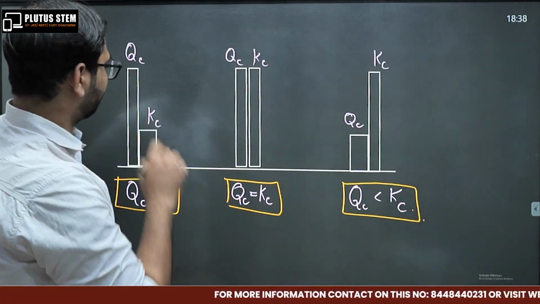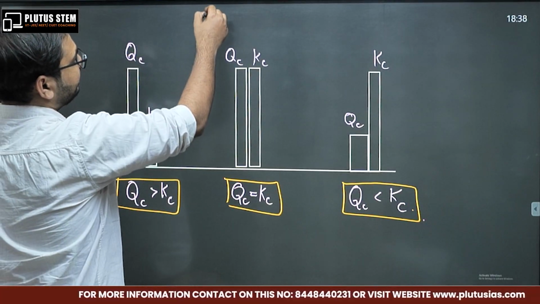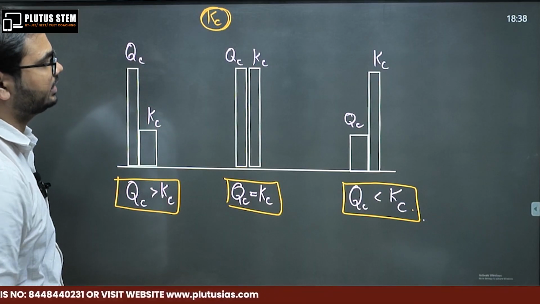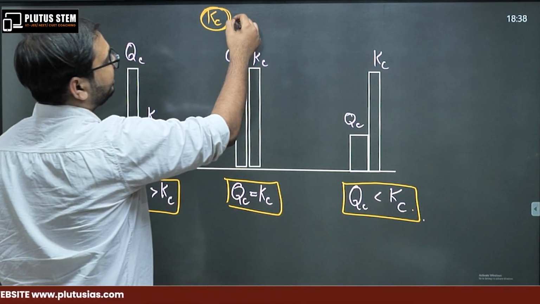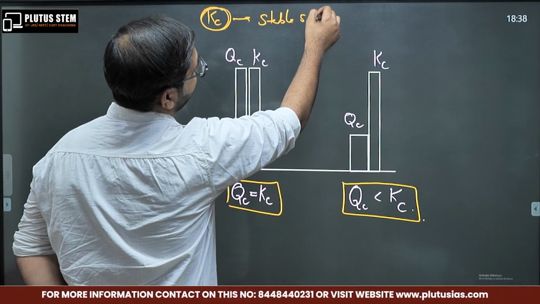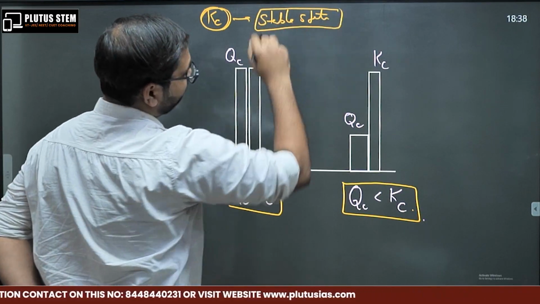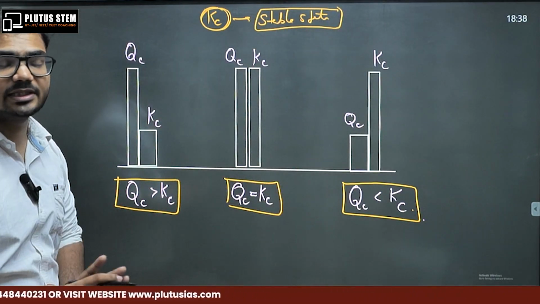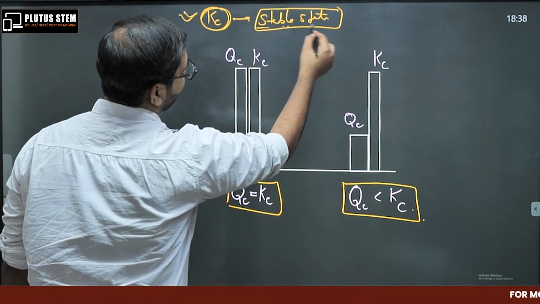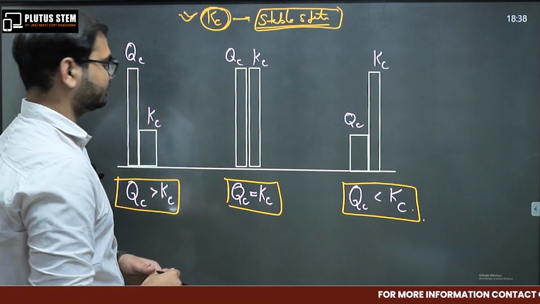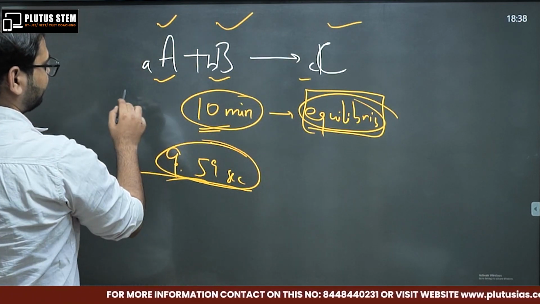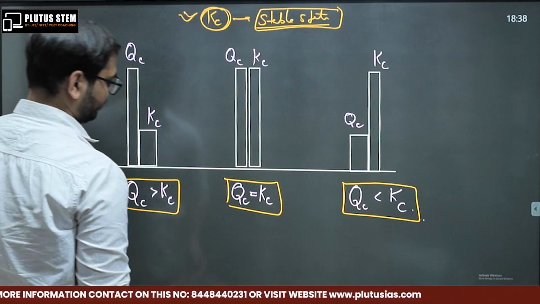Now, always remember that Kc is the value every system will try to achieve, because it is the most stable state of the system, much more stable and favorable by nature. So first, let me write the separate formulas. We can use them later.